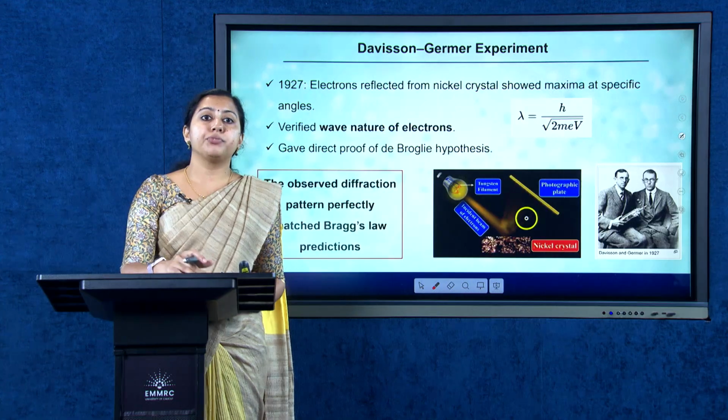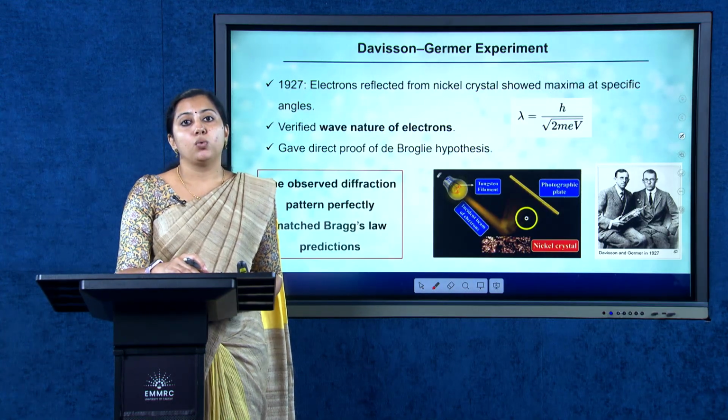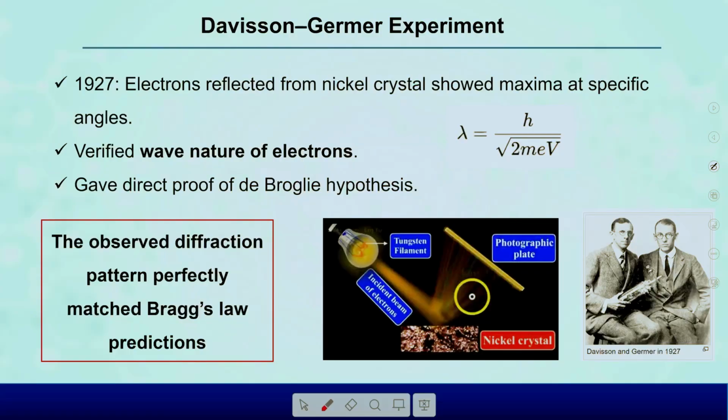The wave nature of electrons was confirmed by Davisson and Germer in 1927 by the well known Davisson-Germer experiment. In the experiment, the electrons are reflected from a nickel crystal and they showed maxima at specific angles.